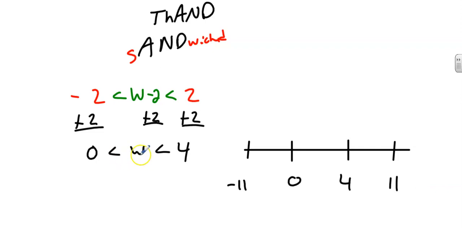W is stuck between 0 and 4, so you'll just graph in everything between 0 and 4. They did not have the bar underneath it. If they had the bar underneath it, these would have been solid circles. There were no bars here, so that makes them open circles.